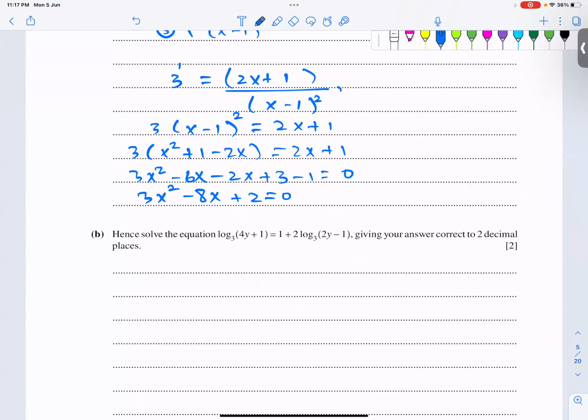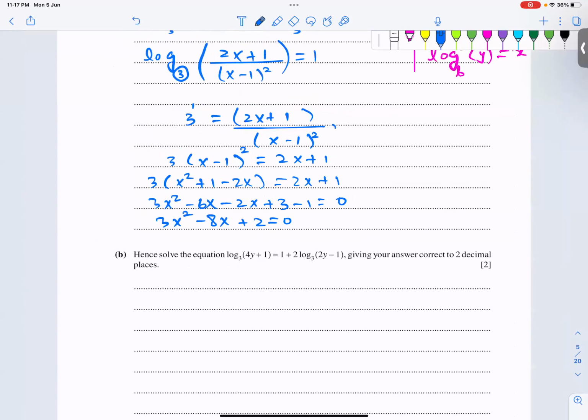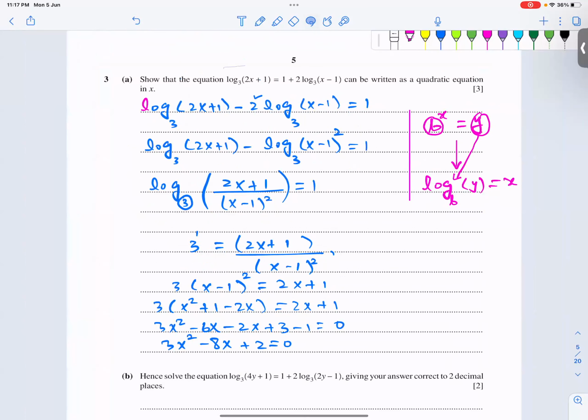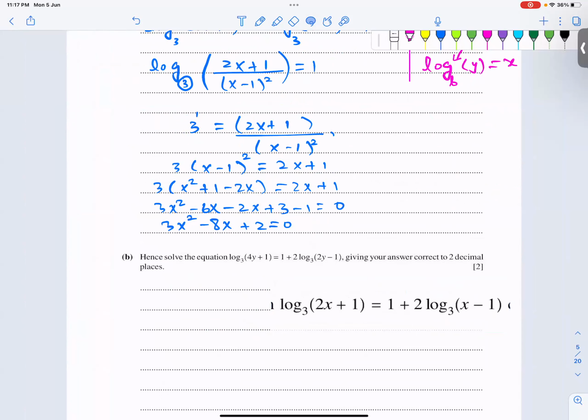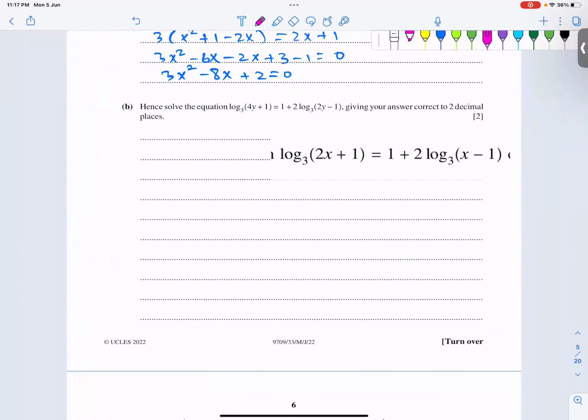Hence solve the equation: log of this is equal to 1 plus 2 times log of 2y minus 1. If you compare both the equations, let me write these equations together. If you compare both these equations, you will find that these two expressions are not equal.